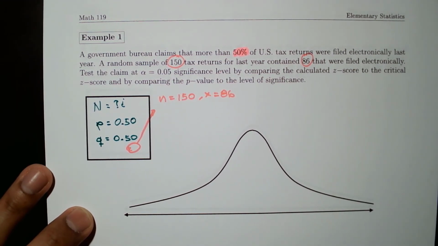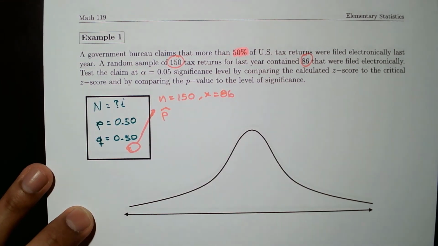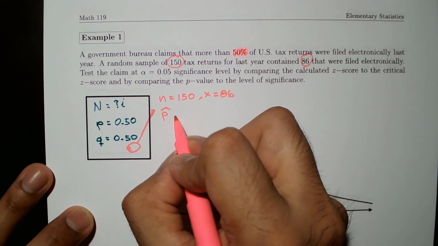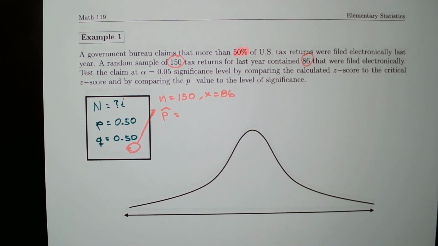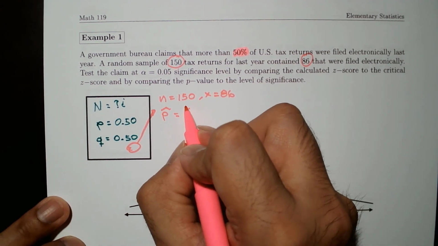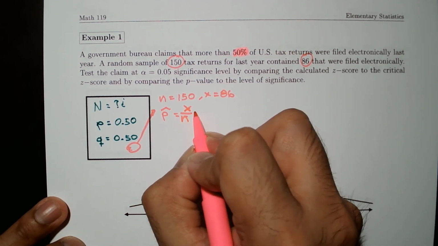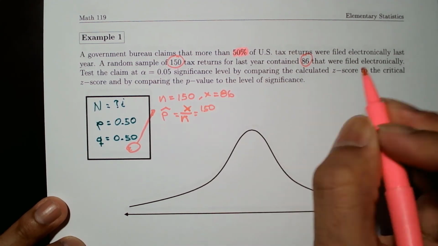And then p hat will be the quantity, as we stated in the previous page, the number of successes in the sample over the sample size.